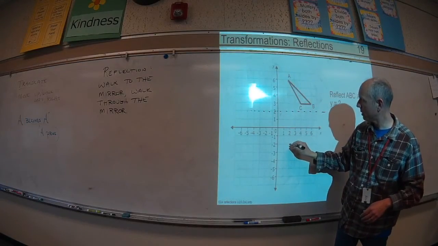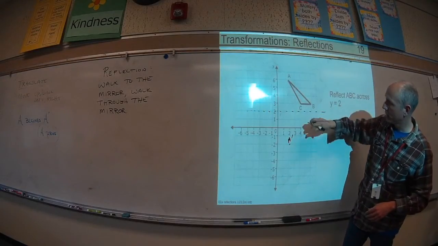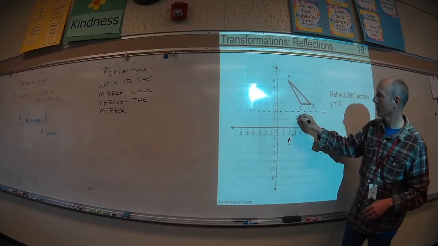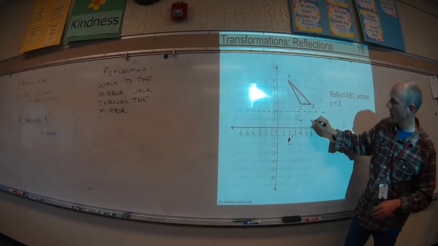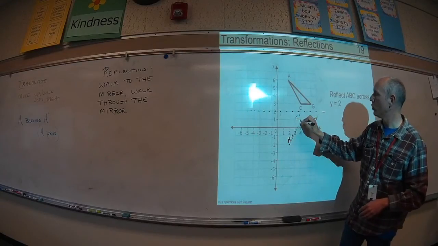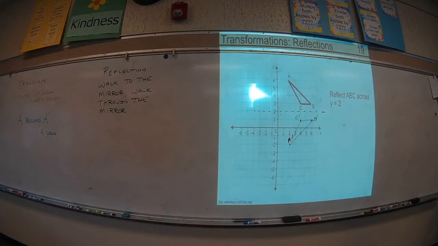Name of it. A prime. Nice. Greenlee, count with me. 1. What's the name of it? C prime. Good. Count with me, Presley. 1. What's the name of it? B prime. These two triangles are the same triangle. They are congruent to each other. They're the exact same size and shape. One's just been flipped around.